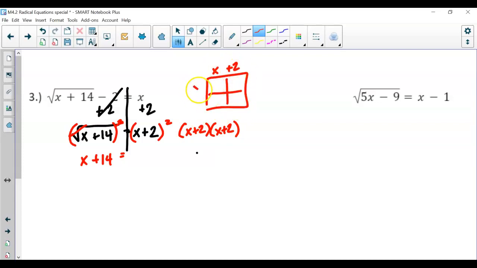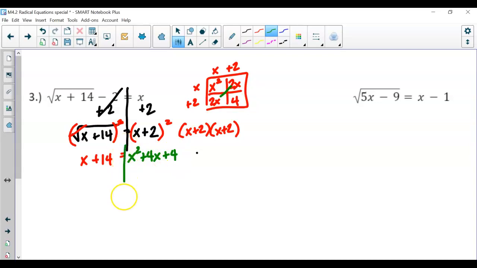So x plus 2 times x plus 2. So now here I've got x squared, 2x, 2x, and 2 times 2, which is 4. So here we've got x squared, but then 2x plus 2x is 4x plus 4.